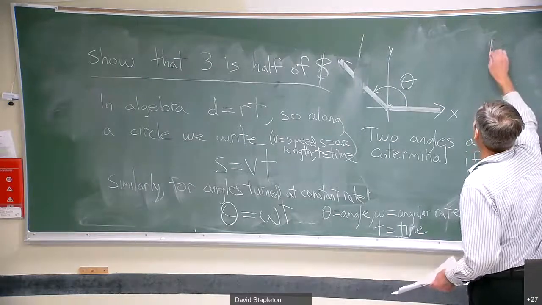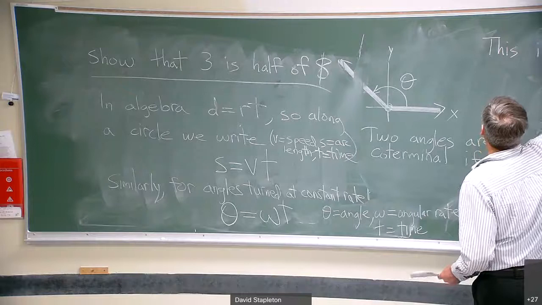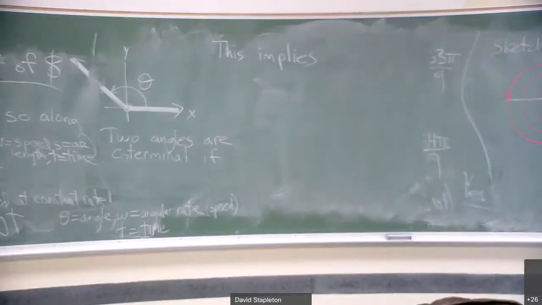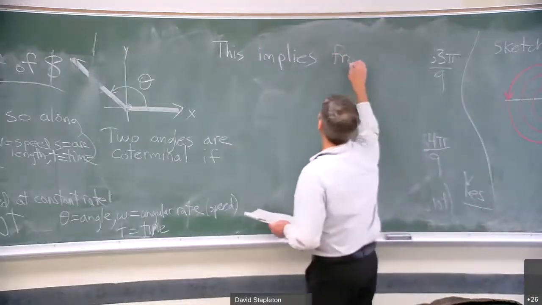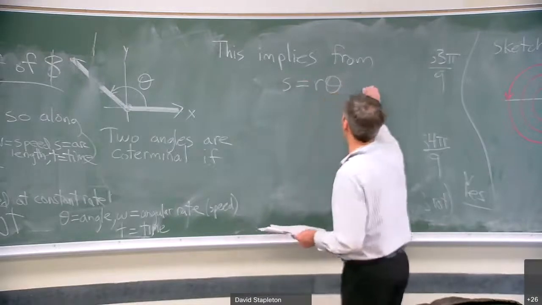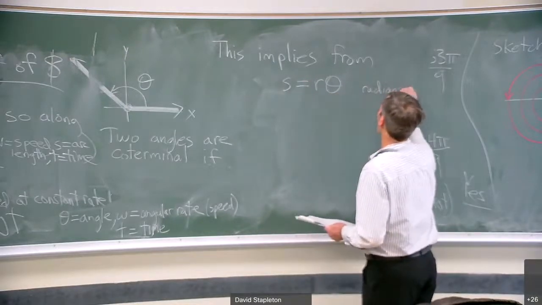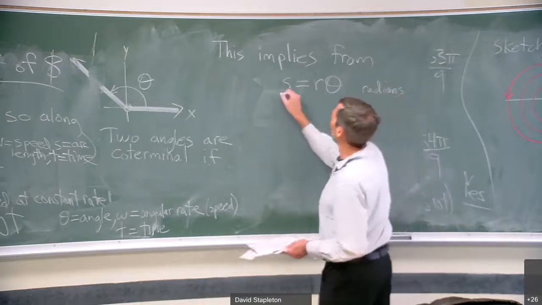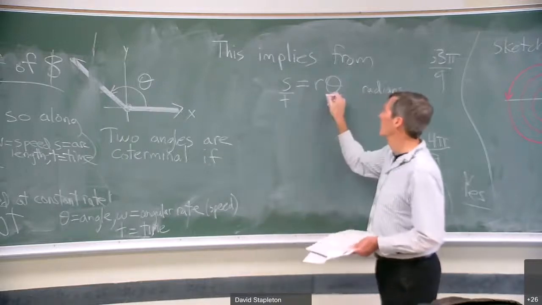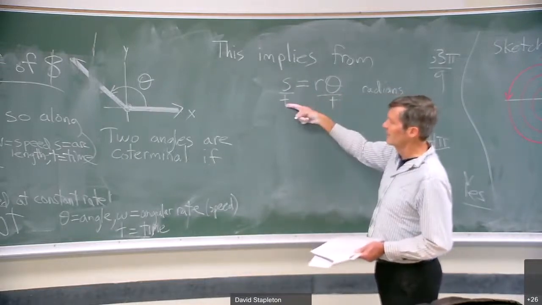Now, what this does is it implies an important consequence. From our relation we have that arc length is radius times angle subtended in radians only. If I'm turning at a constant rate, I can divide both sides by t, let's say, right? And now what's s over t?